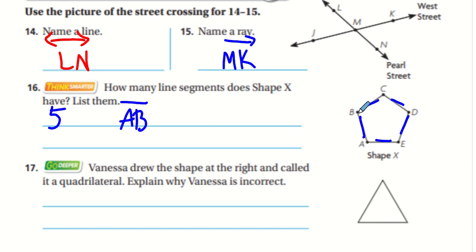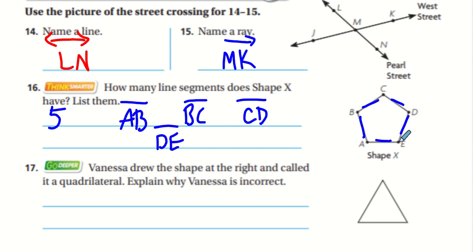Okay, the next one starts at B and ends at C. So we write BC with a line above it. This one starts at C and ends at D, which means we put CD with a line above it, no arrows, no endpoints. Okay, the next one starts at D and ends at E. So we have DE with just a line.